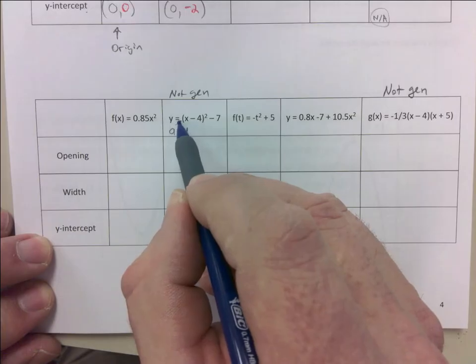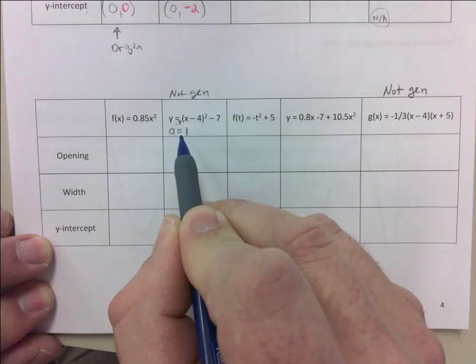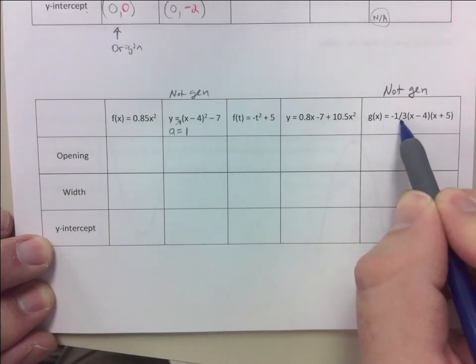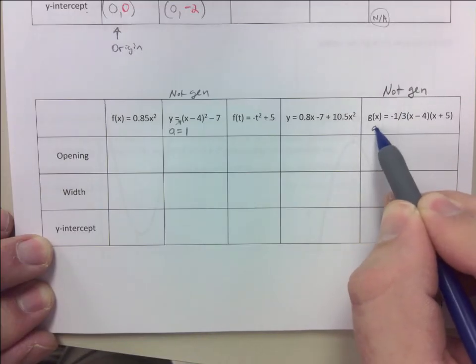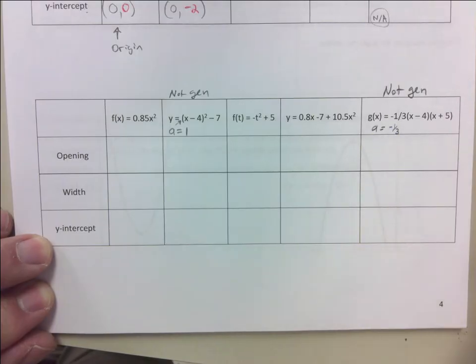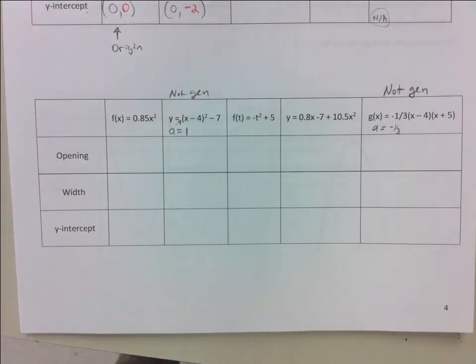Put an arrow there. A is equal to 1. That's in front of that bracket. Let's scan to the end here. What's A equal to here? Negative 1/3. Yeah, so that still stays. A doesn't change. It's the other stuff that changes.